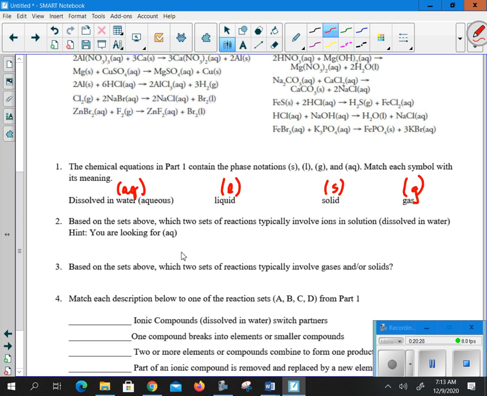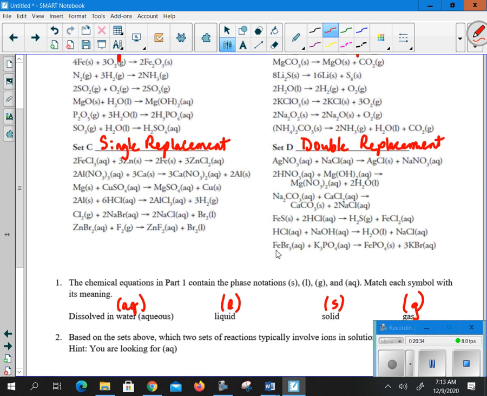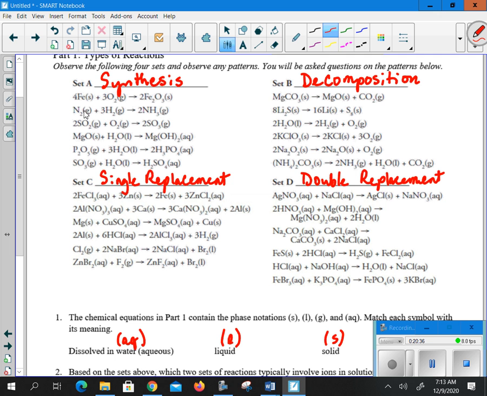Then also, based on the sets above, which two sets typically involve ions that are dissolved in solutions? So we're really looking for a lot of AQs. There's a couple of AQs in synthesis. There's not any in decomposition. Almost every one in single replacement has an AQ.